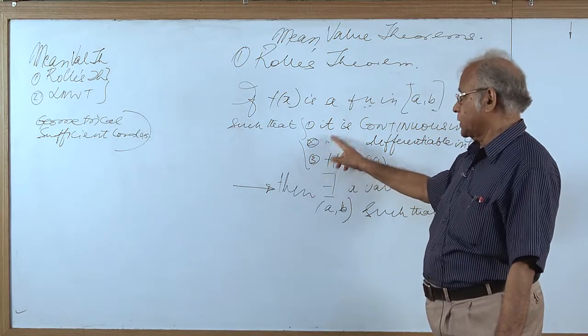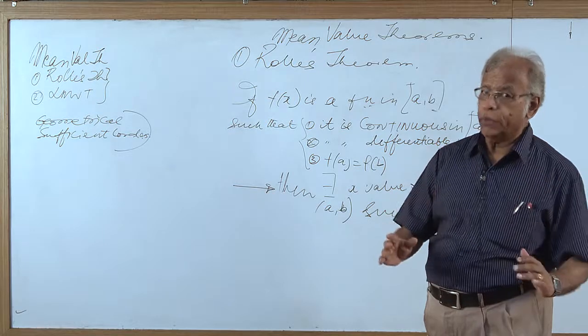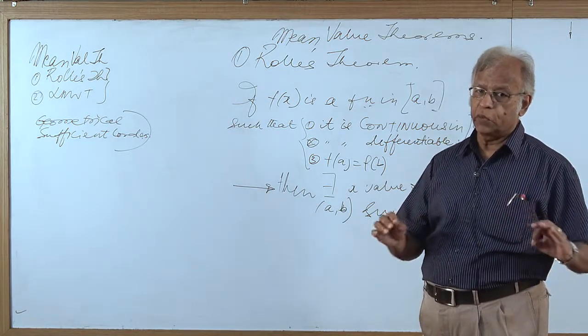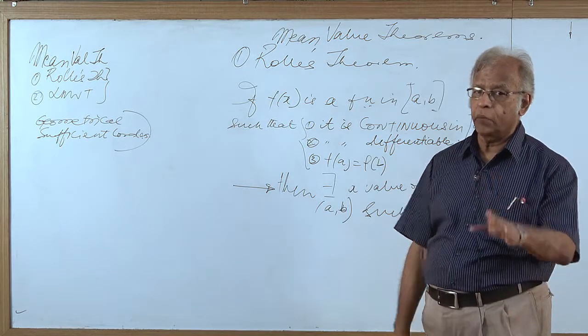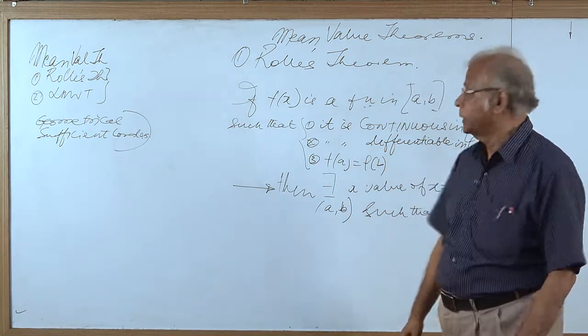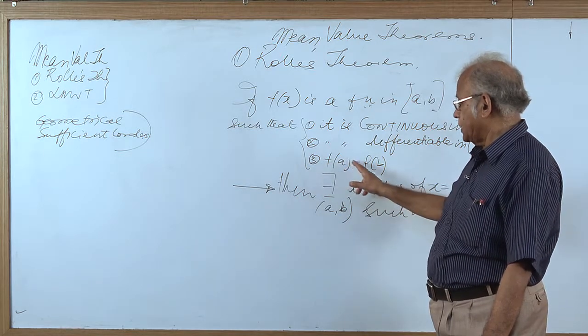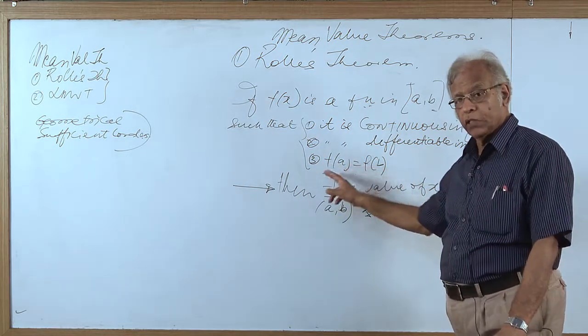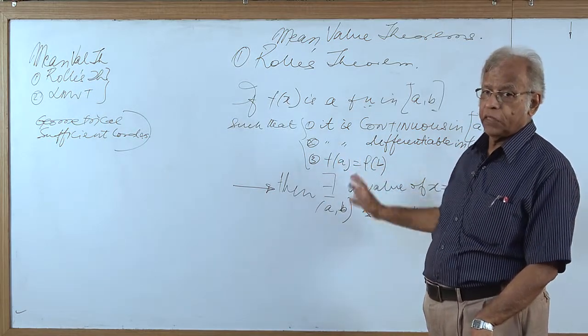The second condition is the same function is differentiable in the open interval a to b. That means it is differentiable in the entire interval excepting possibly at the endpoints a and b. The third condition is f(a) is equal to f(b), that means the values of the function at the endpoints are equal.